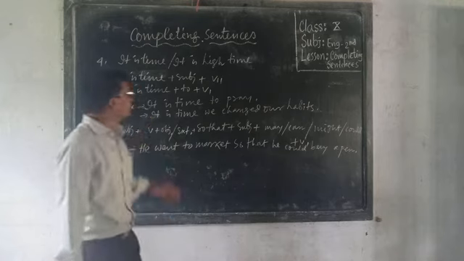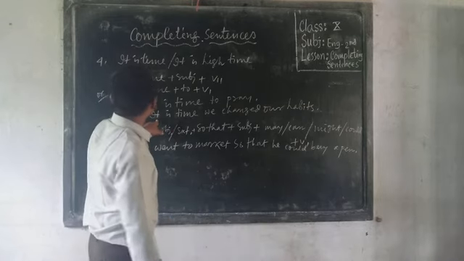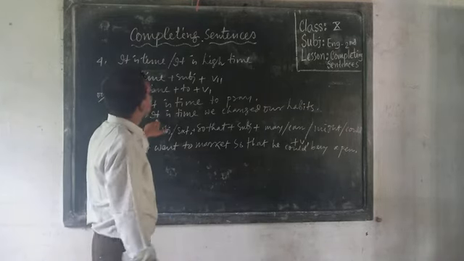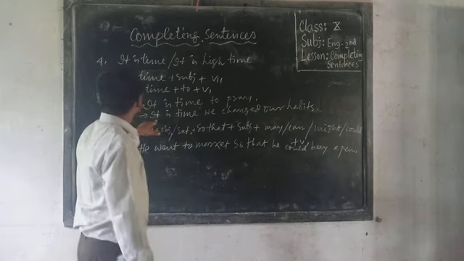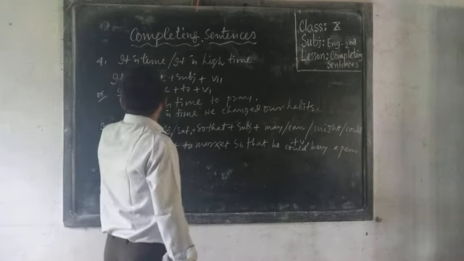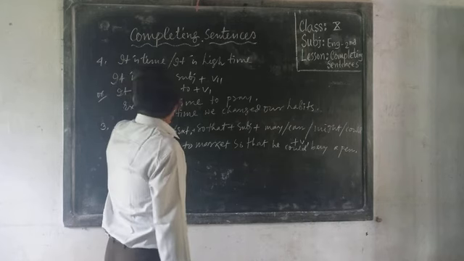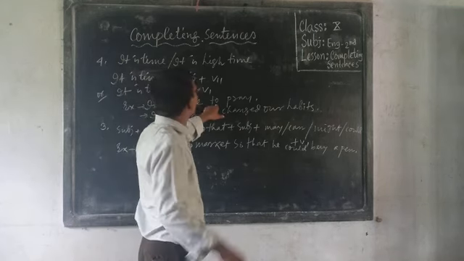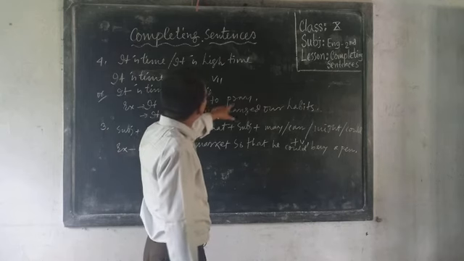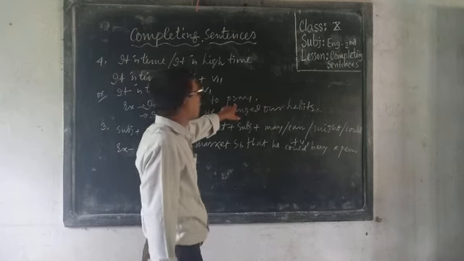So look dear students, in the instance we have made two types of examples here. The first one is it is time plus to. That's why we have taken here only V1, that is base form of verb.